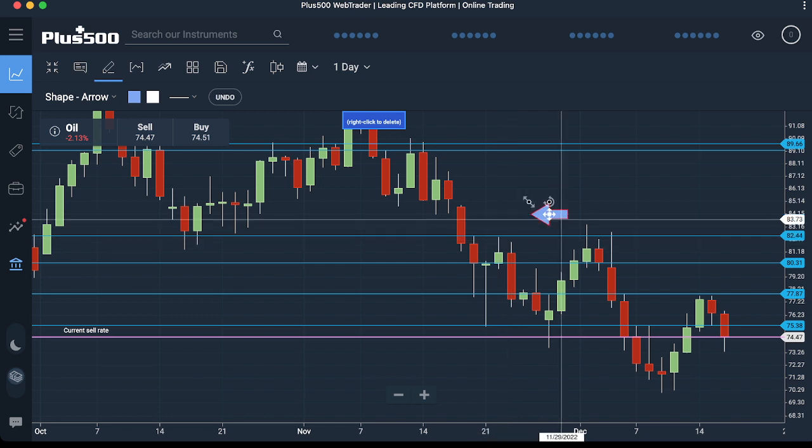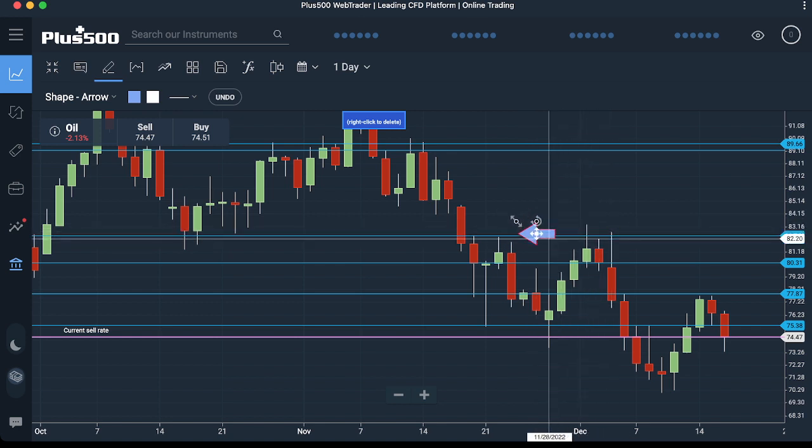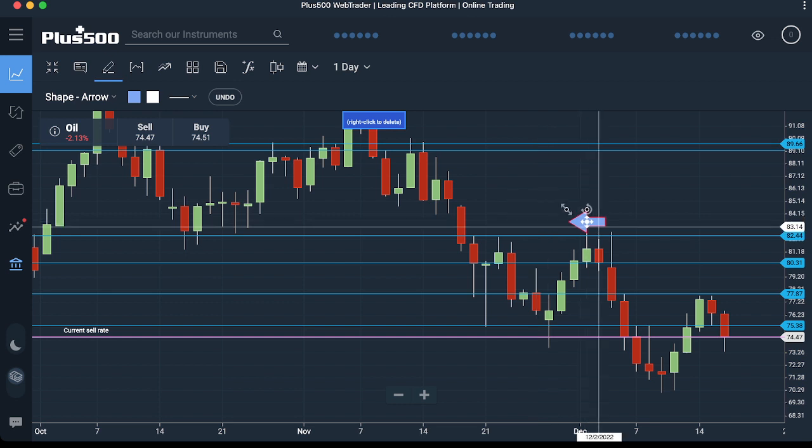Then it's coming back up above this high as a daily manipulation above the previous high to take the buy side liquidity, and then it's going in the direction of institutional order flow, which is bearish.